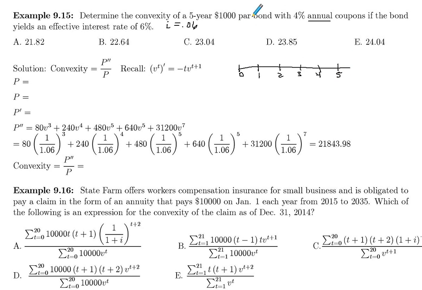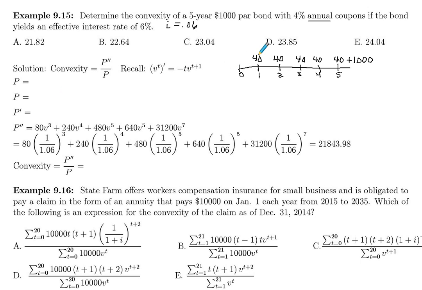So it's a 1,000 par, 4% annual coupon, so those are going to be $40 payments here at times 1, 2, 3, 4, and 5. And then we're going to get our redemption value back. This is going to be redeemed at par since it has not told us otherwise. So all this stuff we bring back to time 0, that's the price of the bond.